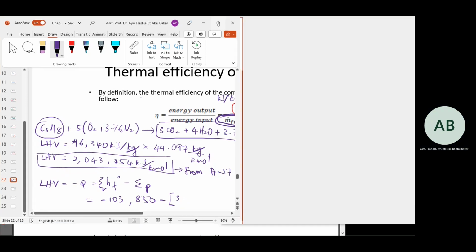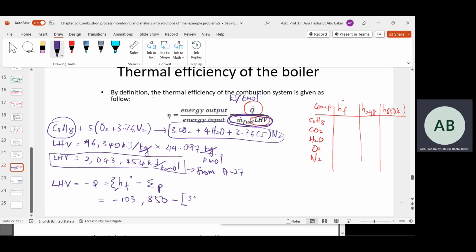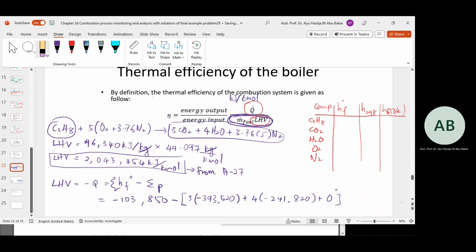Okay, so after that, plug in all the info for CO2. The 0 here is the N2, because the heat of formation of N2 is 0.